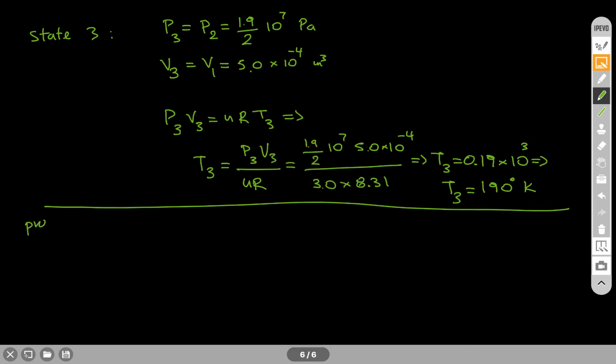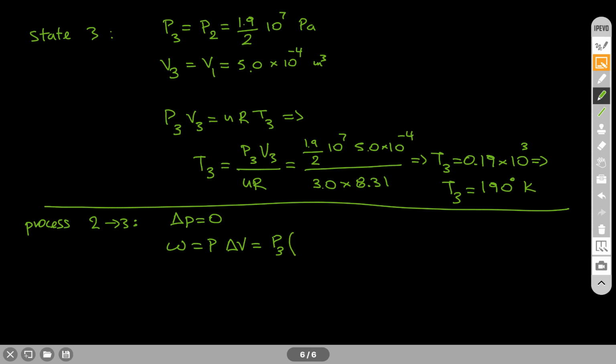Now I'm dealing with the process going from state 2 to state 3, which is an isobaric process, so the change in the pressure is 0. The work that the gas does is pressure times the change in volume. Now, remember, the process going from 2 to 3 has a constant pressure, so whether you use P3 or P2, it doesn't matter, they are the same number.